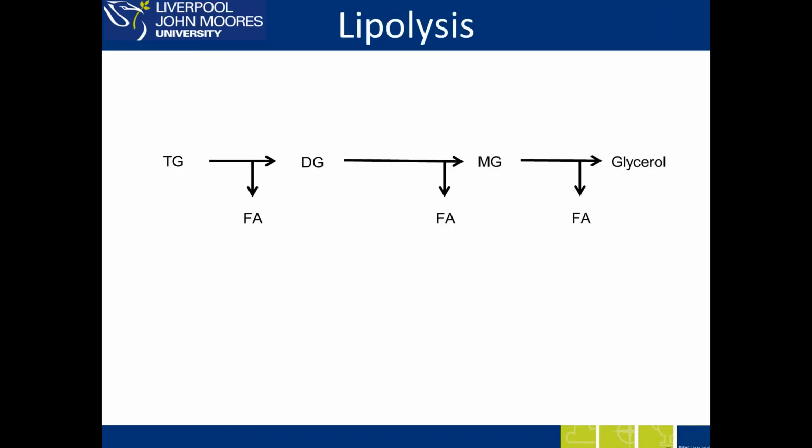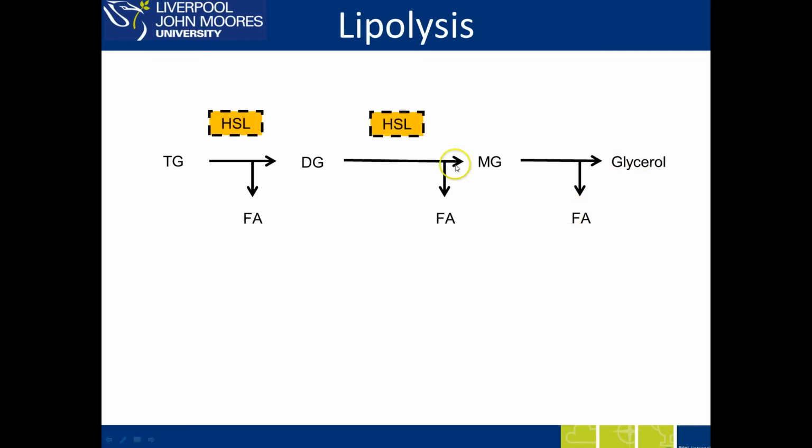So to look at this lipolytic process in more detail, here we have our triglyceride, which is broken down to diglyceride, releasing a fatty acid. The diglyceride is then broken down to monoglyceride, releasing a fatty acid. And then the monoglyceride is broken down into its constituent parts, leaving glycerol and fatty acid.